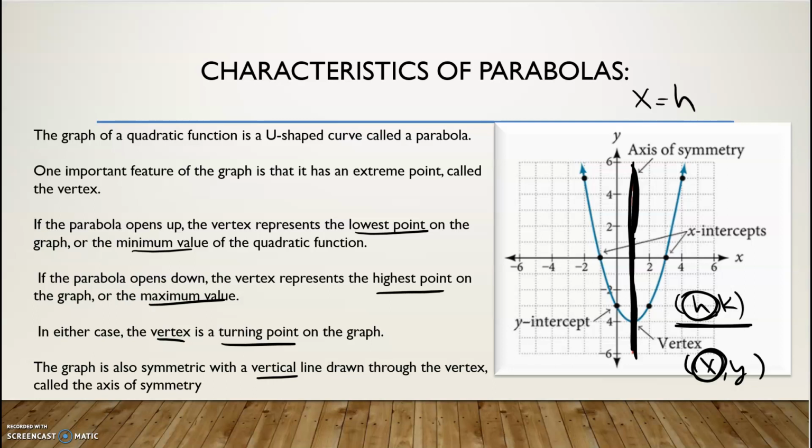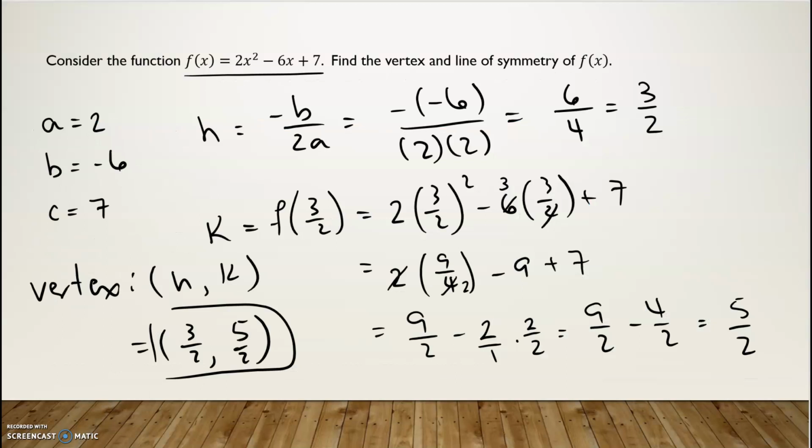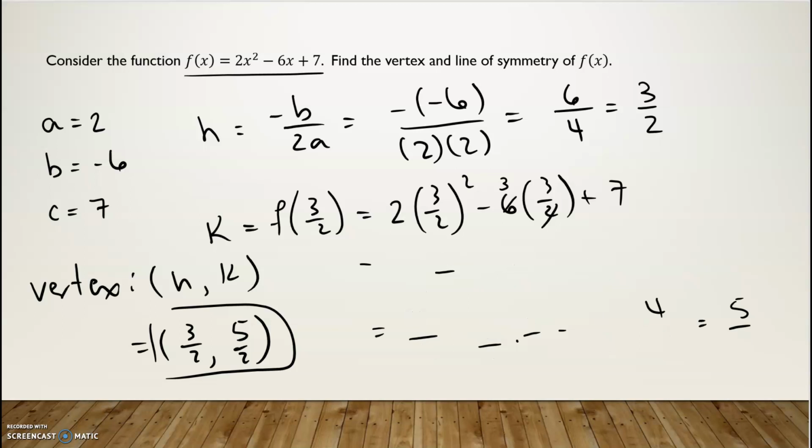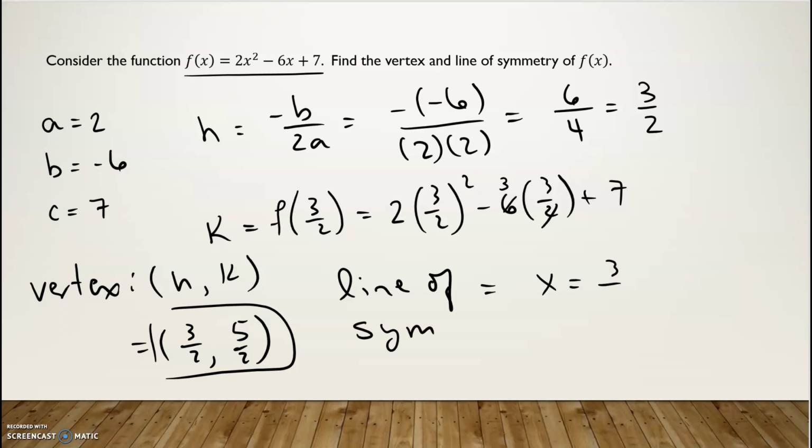That's going to be the equation for the axis of symmetry or the line of symmetry. So coming back over here, we said that h was equal to 3 over 2. So that means that our line of symmetry is x is equal to 3 over 2. And those will be our two answers.